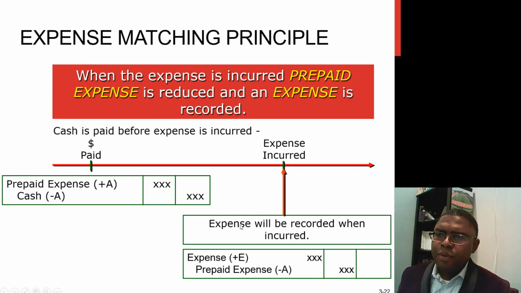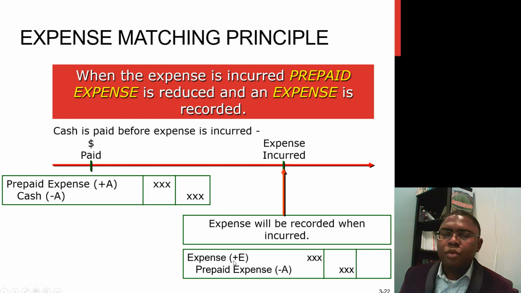The next example is when the expense is incurred. When the expense is finally incurred, this is an expense that was prepaid. It was prepaid and then later on it is incurred. So when it is incurred, expense will now be recognized and the prepaid expense, which is an asset, is going to reduce.